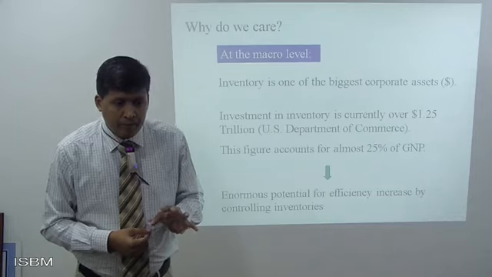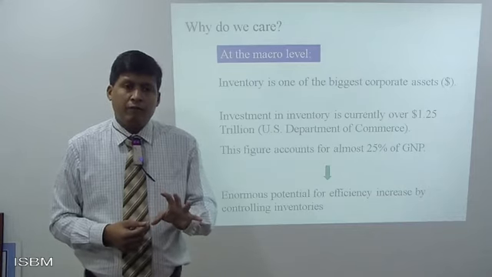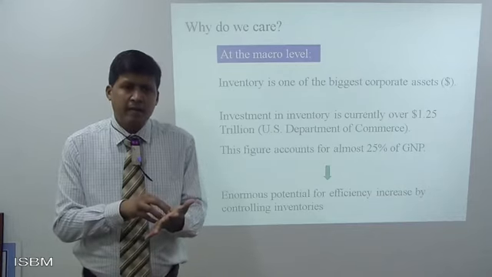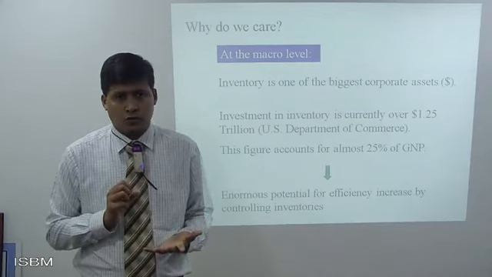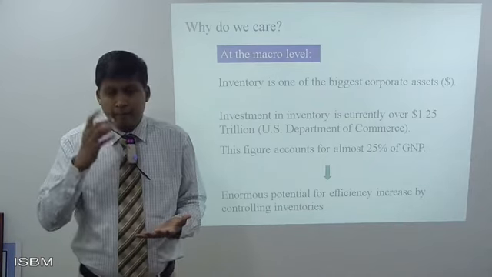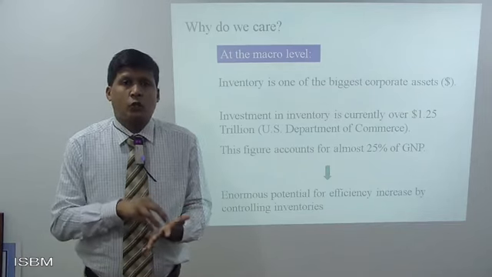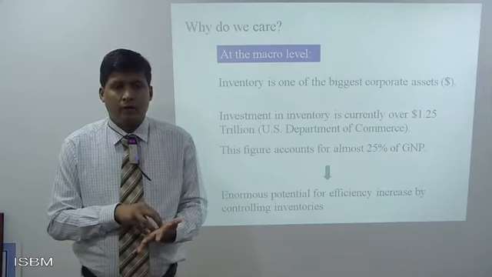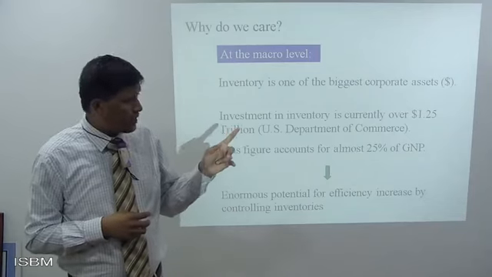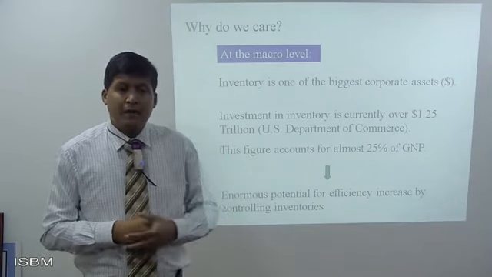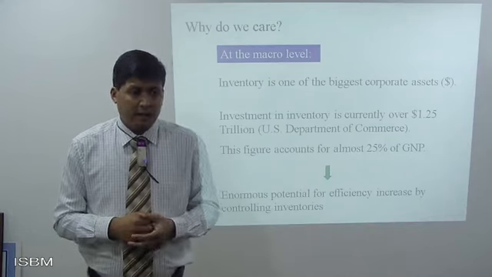Now, when we are speaking of inventories, which you keep as a holding cost, it is important to understand that there is a cost involved to hold it. Now, why is this a cost? If you're saying the bigger corporates hold $1.25 trillion, it means something. Why is it a cost?